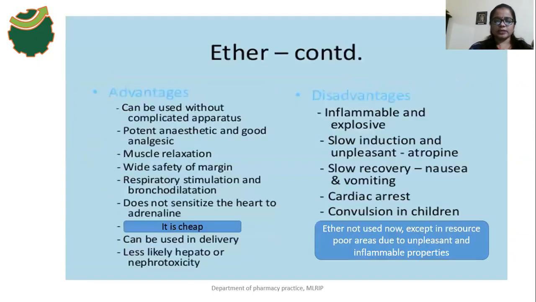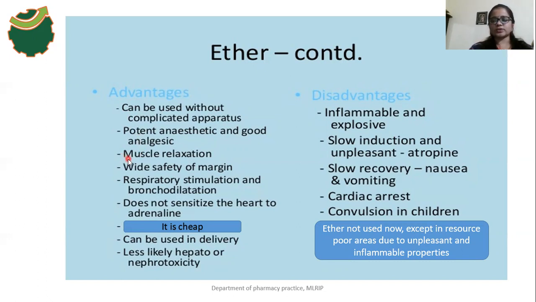What are the advantages of diethyl ether? It can be used without complicated operators, it is a most potent anesthetic drug, a good analgesic drug, and it produces muscle relaxation.